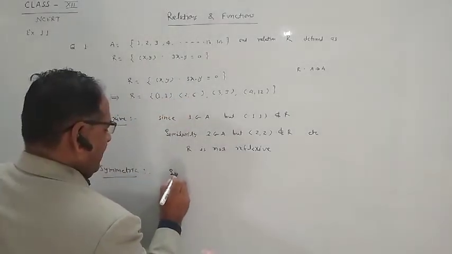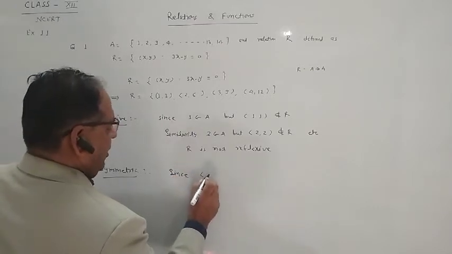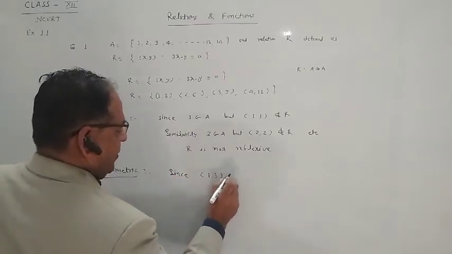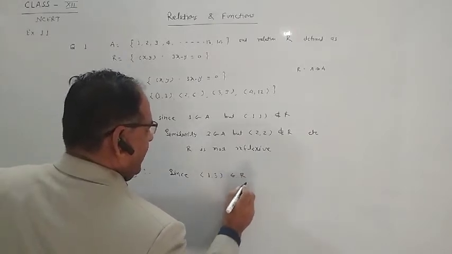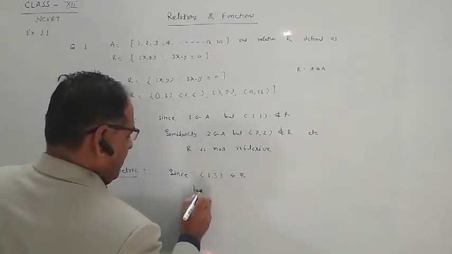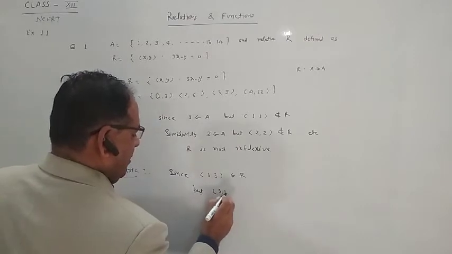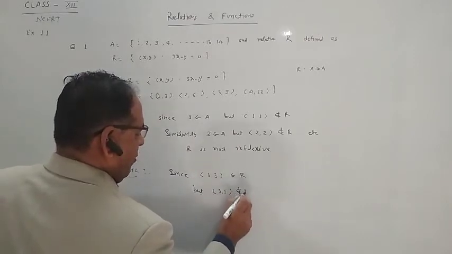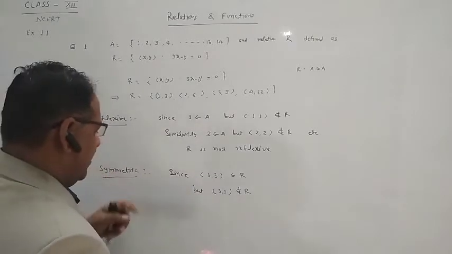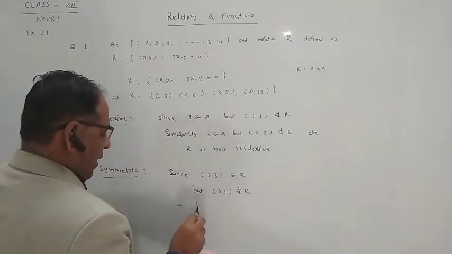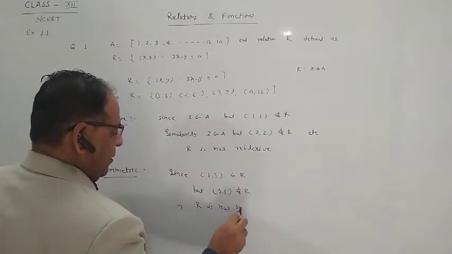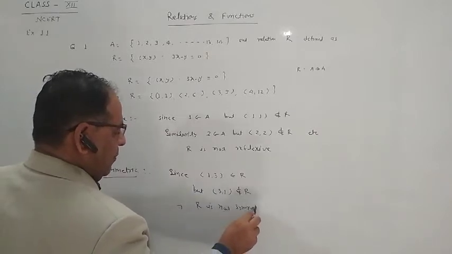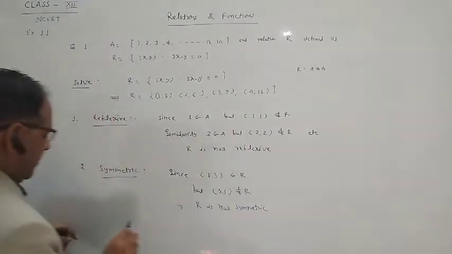Since (1, 3) is an element of R, but (3, 1) is not an element of R. This implies that R is not symmetric.